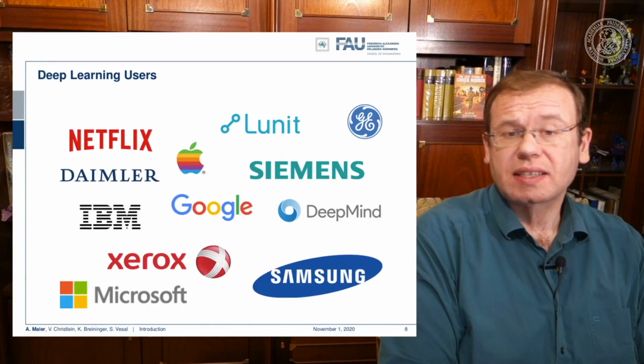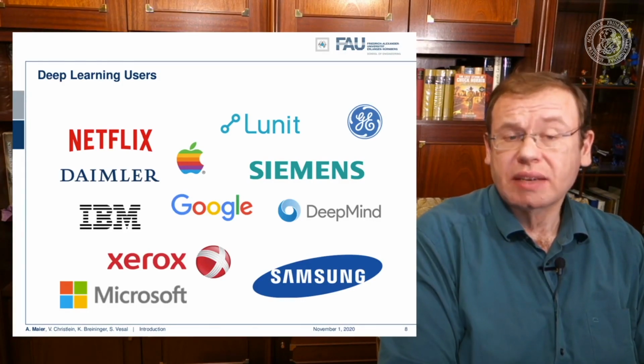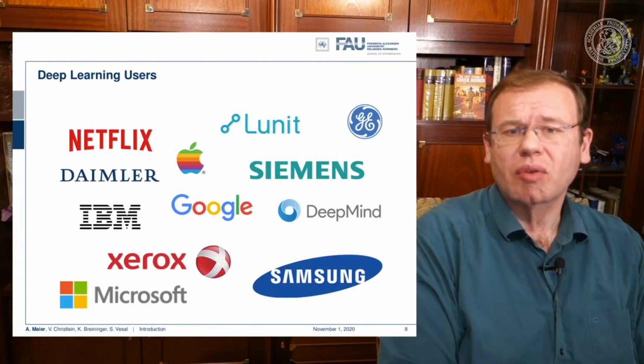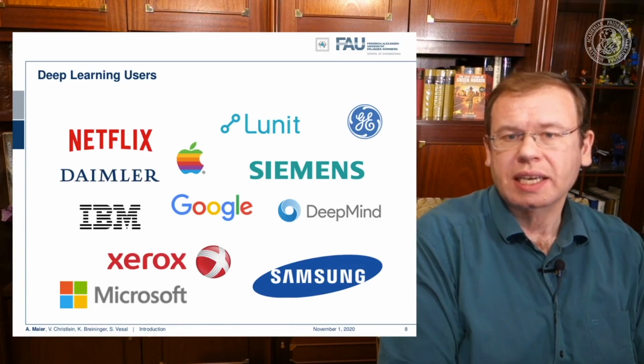All of these things are being used in industry right now. There's a huge number of deploying users, ranging from Google, Apple, IBM, DeepMind, but there's also other companies starting here. So you can see the Netflix challenge has been solved partially with deep learning. This was a $1 million challenge to actually build a recommendation system that will recommend movies that you actually like.